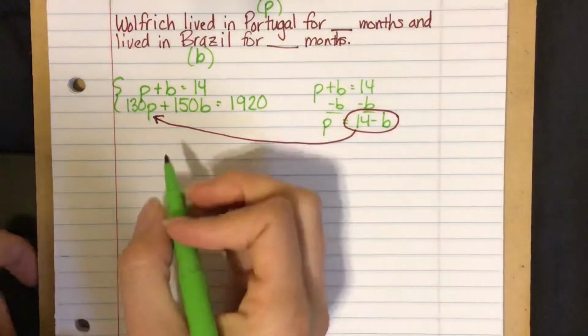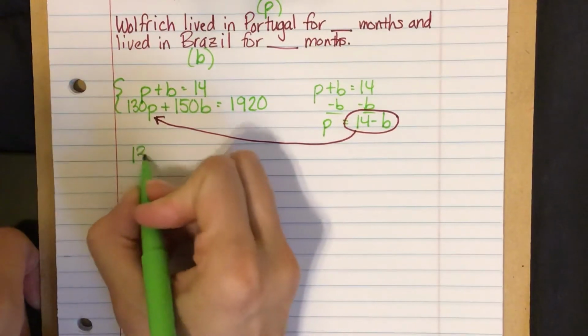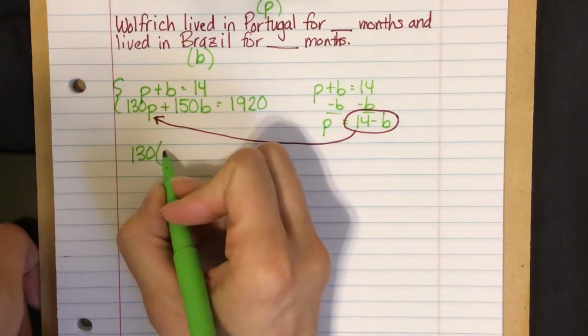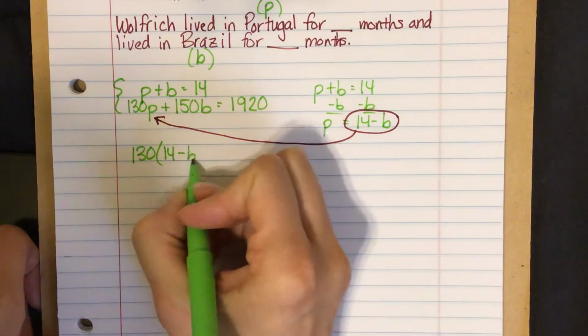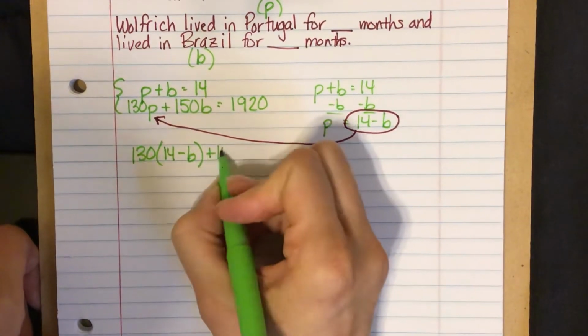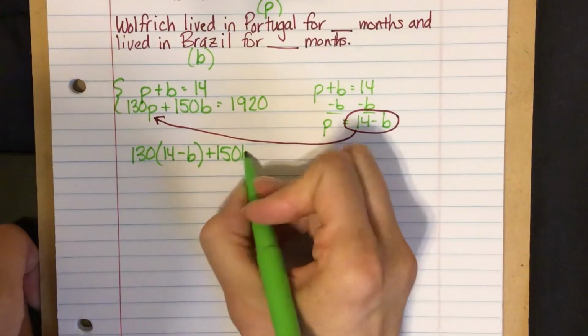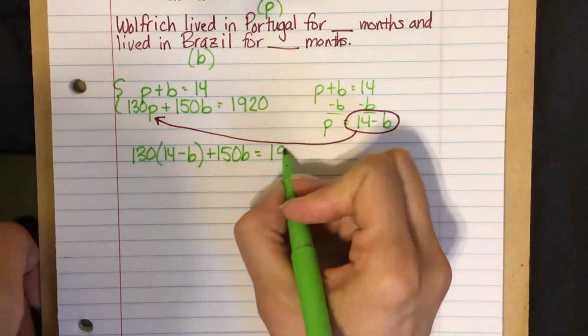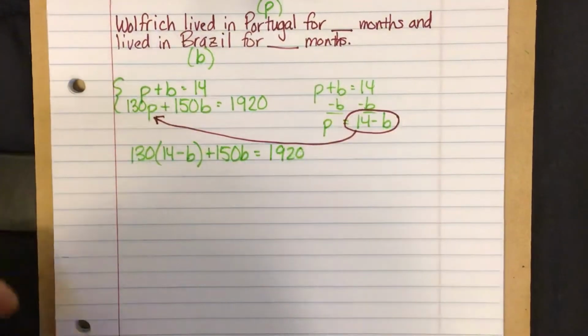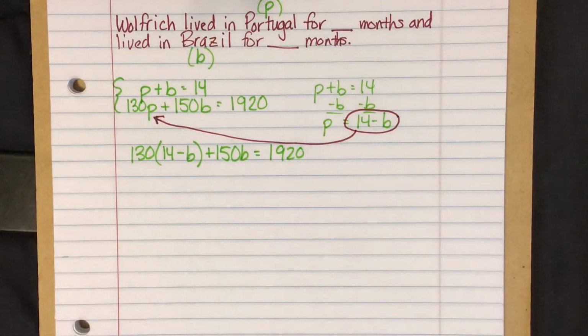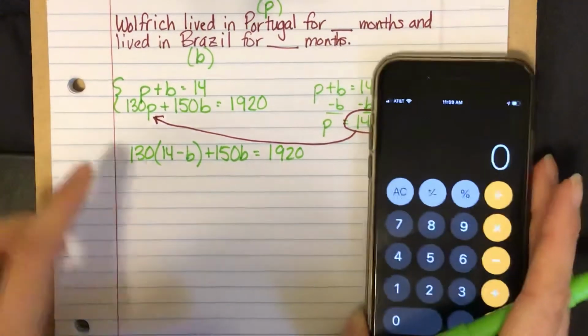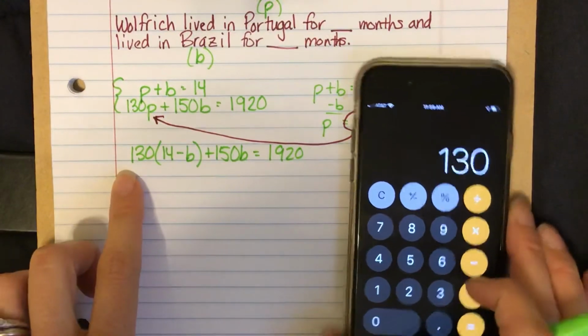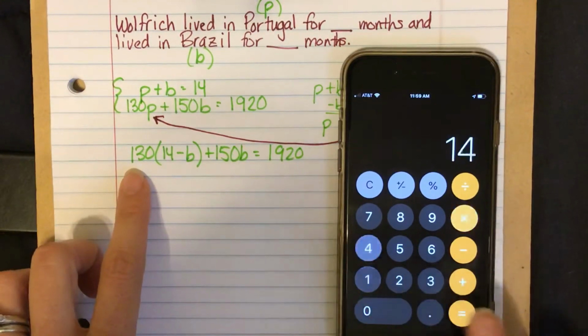So now my equation becomes 130 times this whole thing, 14 minus B, plus 150B is equal to 1,920. The first thing I'm going to do is distribute. So I'm going to multiply 130 times 14.